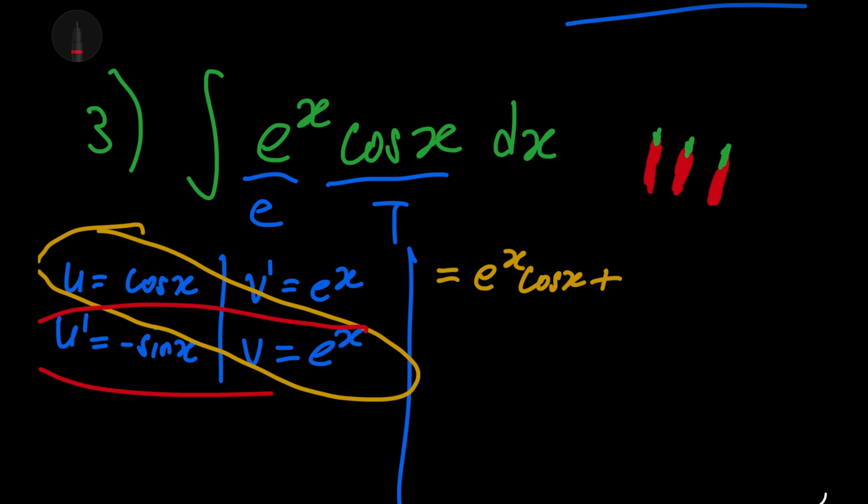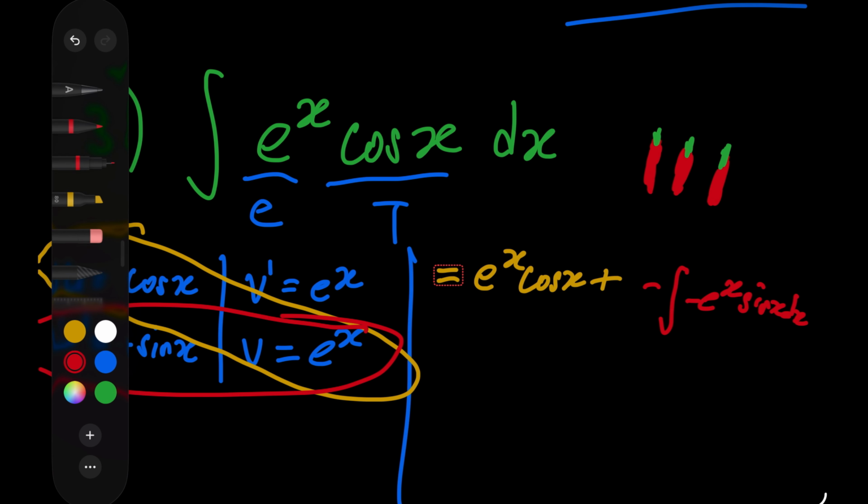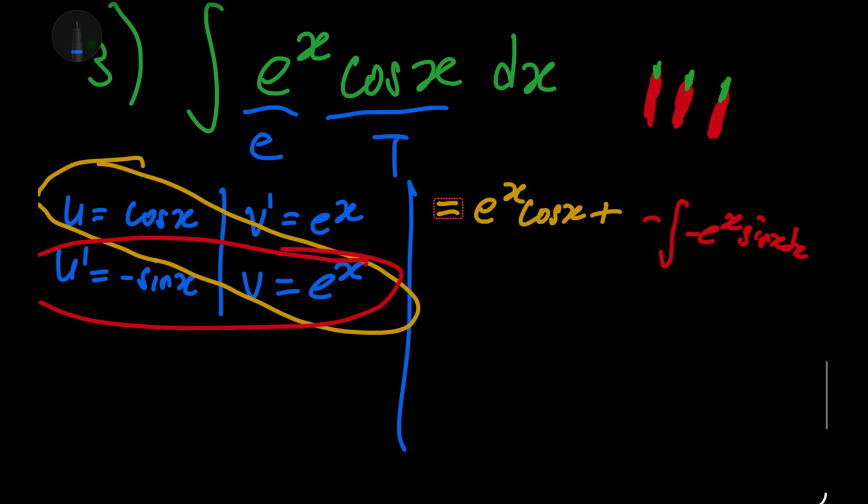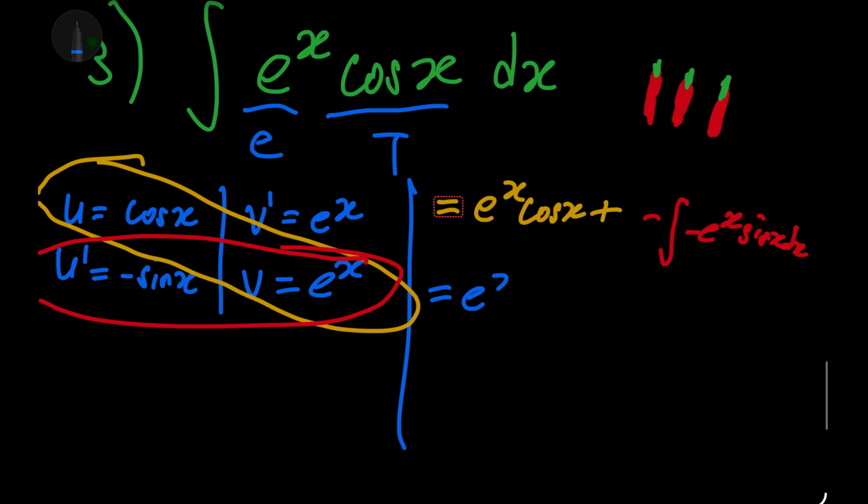So this time it'll be minus the integral of negative e to the x sine x dx. Okay, and then I'll use blue again to rewrite this. So we can't really simplify the first function much, so it's e to the x cosine x plus, and there's two minuses, so these minuses will cancel out. It'll just be the integral of e to the x sine x dx.